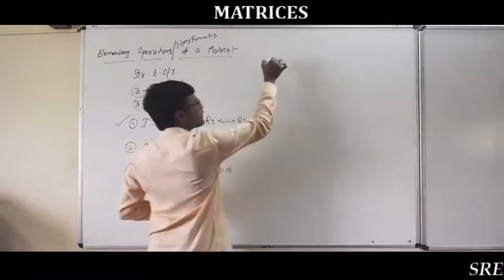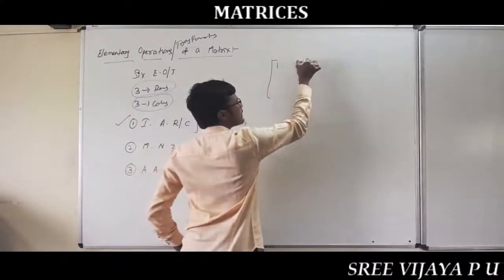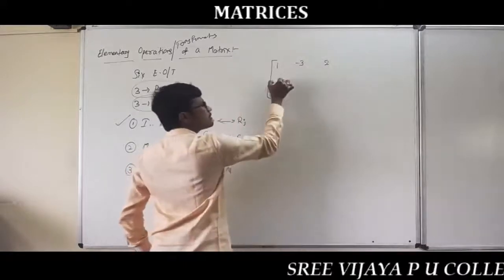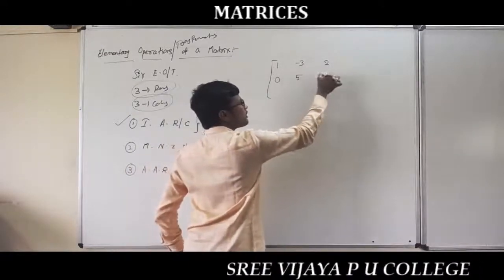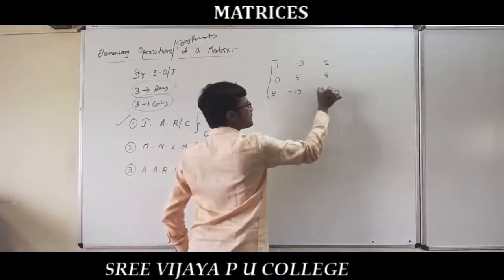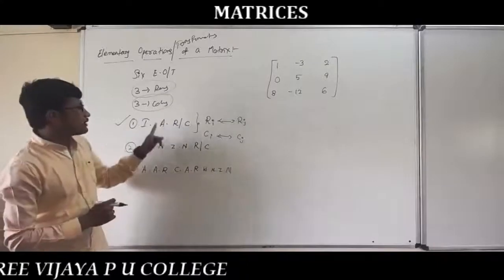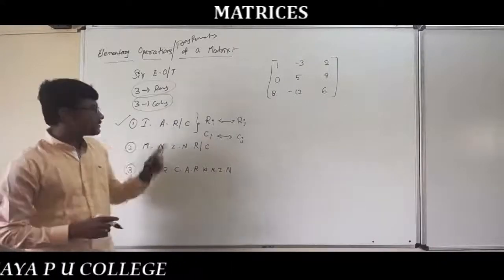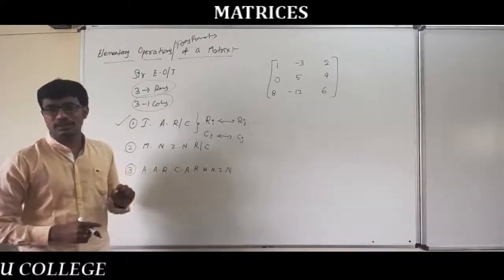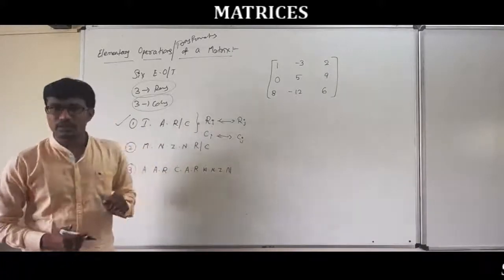Let us take the example of a 3 cross 3 matrix: 1 minus 3 2, 0 5 9, 8 minus 12 6. You can interchange any 2 rows or any 2 columns.